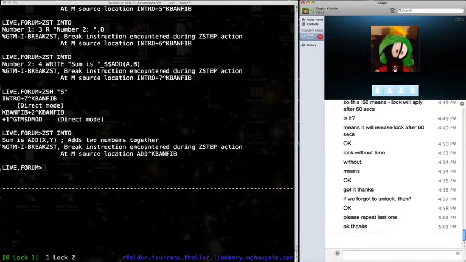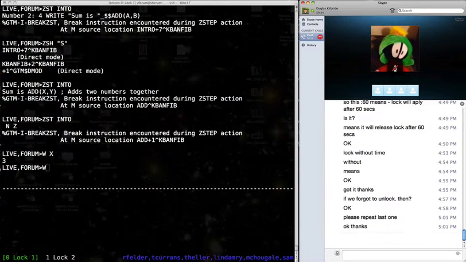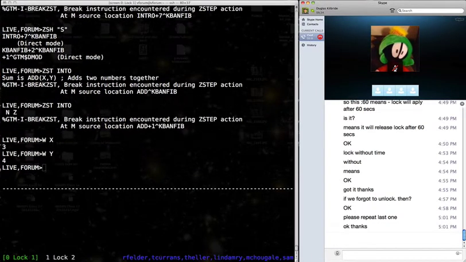Now we're passing stuff by value here. We don't have a dot in front of the A or the B, which would mean pass by reference. So it's passed by value. That means A and B's values are going to be copied and put into new variables called X and Y. So write X, it's 3, write Y.